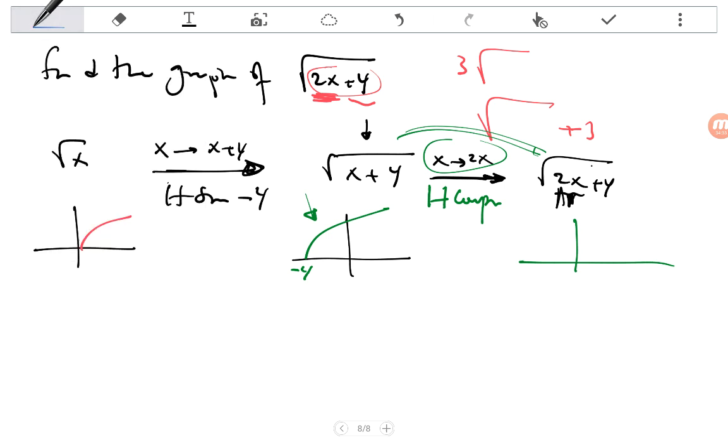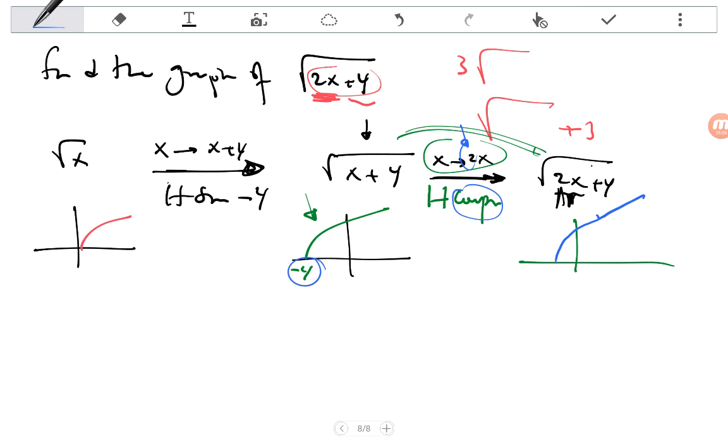Now, how would I make that compression? It will be something like this. A very important note here: any number that is not on the axis itself will just be compressed by the same factor. What do I mean by this? That negative 4, you are now making a compression by a factor of 2.